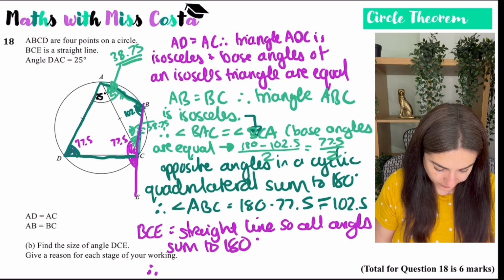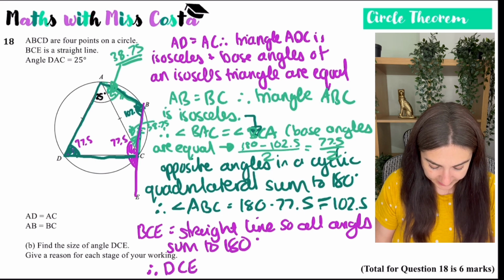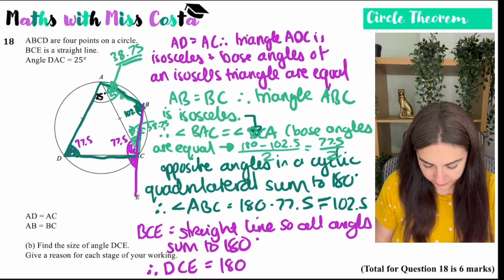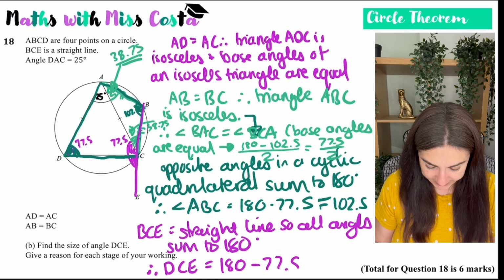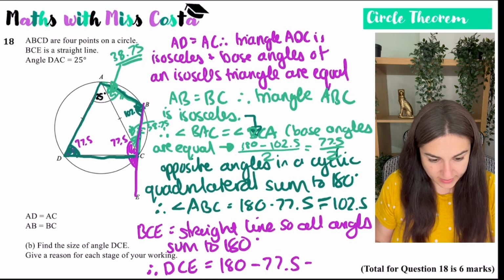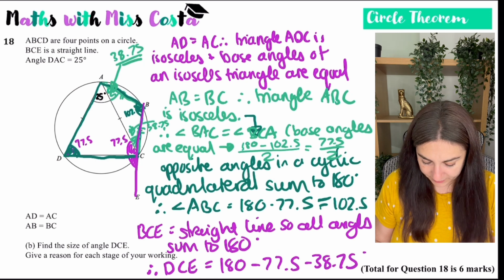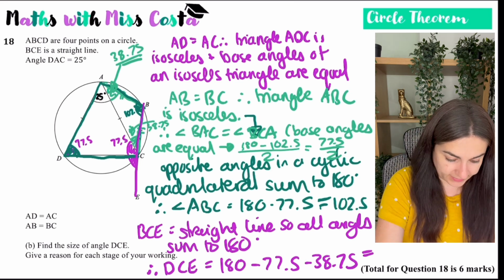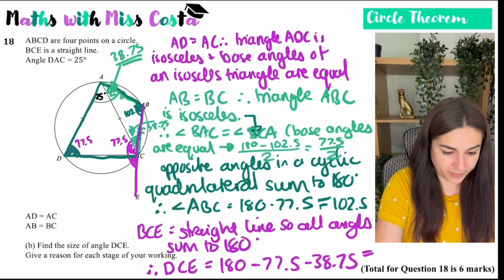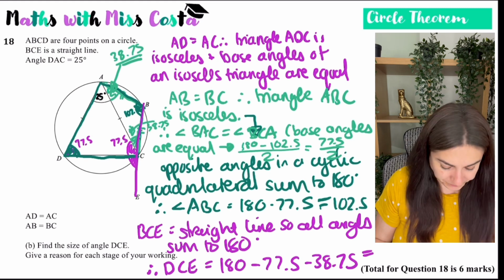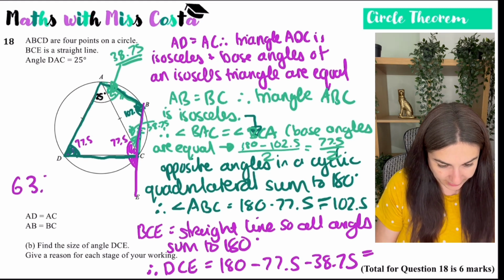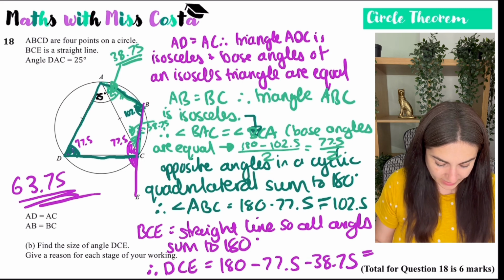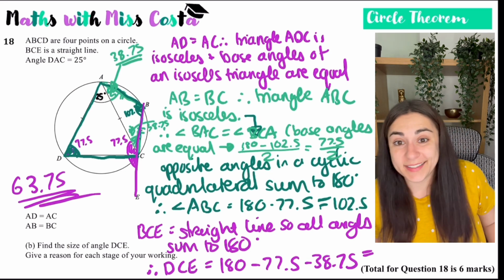Therefore, angle DCE must equal 180 take away 77.5 take away 38.75, which equals 63.75. And those are all the reasons that you should give.